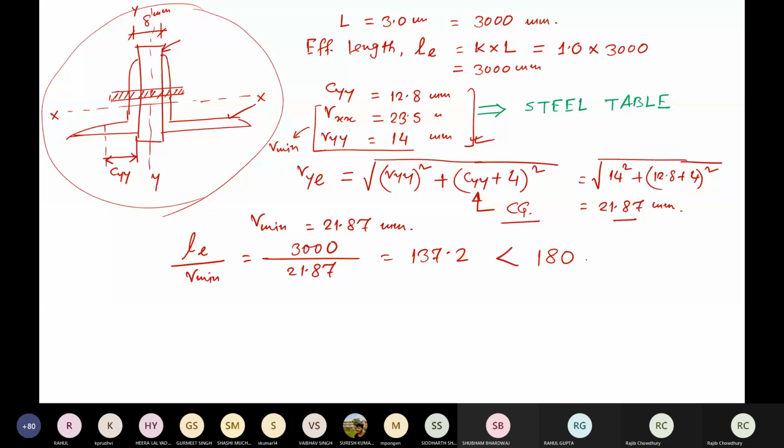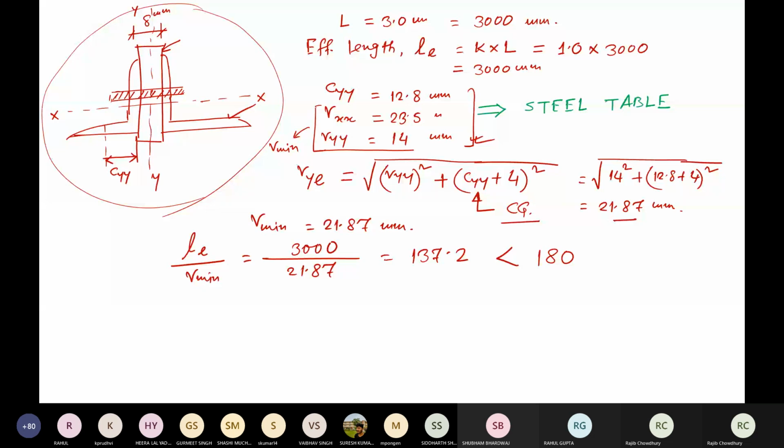If there is any particular load which is reversible in nature, for example earthquake and wind force, there would be a different limiting slenderness ratio. I think you should take into account those tables.